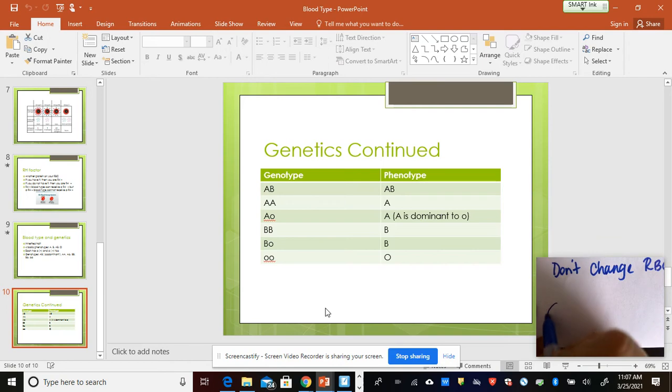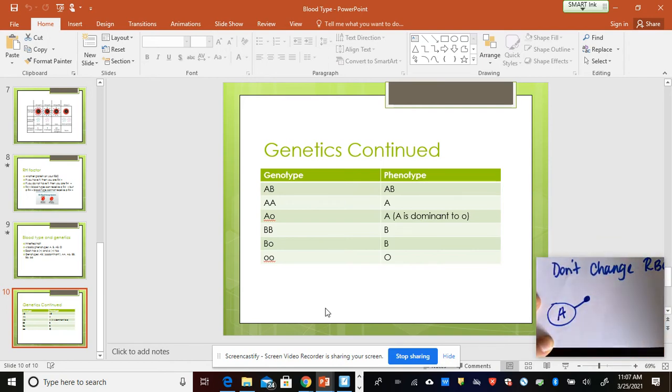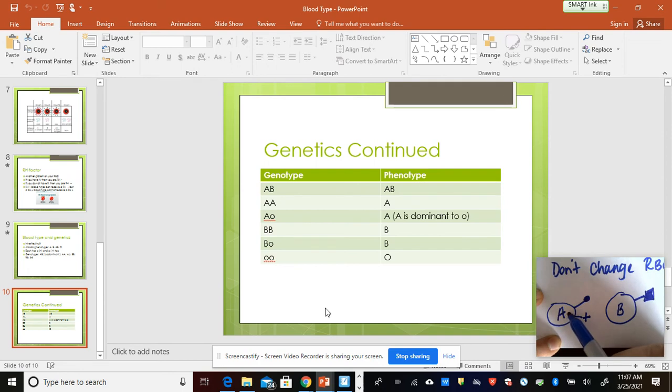So if this is my A, and I am positive, I have the particular RH factor, and then this is type B, and I look like this, okay? Can B receive type A's blood? If A is given to B, then it would change B to look like this because it would give him those antigens, and that would not be a safe combination.